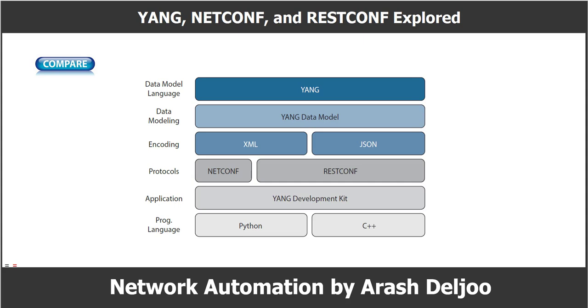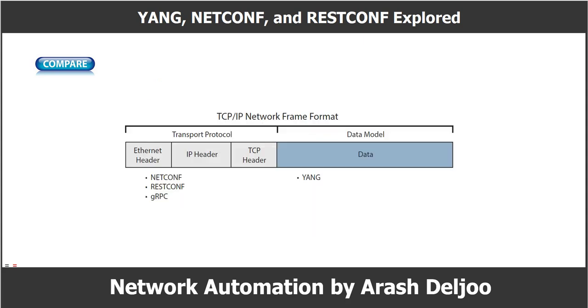NETCONF includes the concept of a lock to stop operations while editing the configuration in the candidate data store. RESTCONF does not provide the concept of a lock. Changes are directly applied. This figure illustrates the TCP/IP network frame format, showing where NETCONF, RESTCONF, gRPC, and YANG are present within the IP packet.